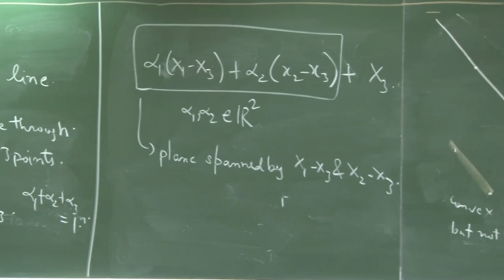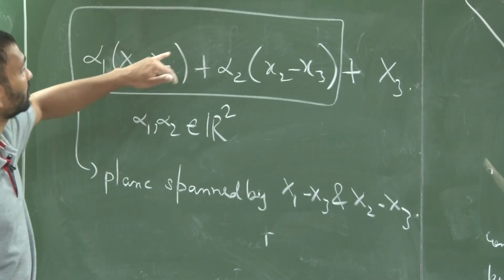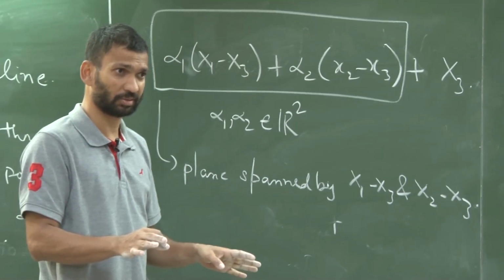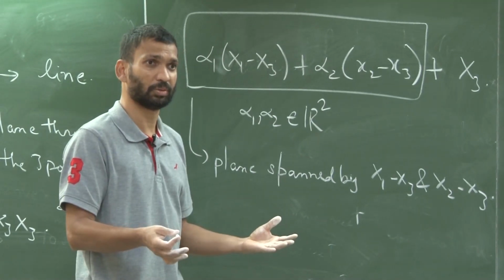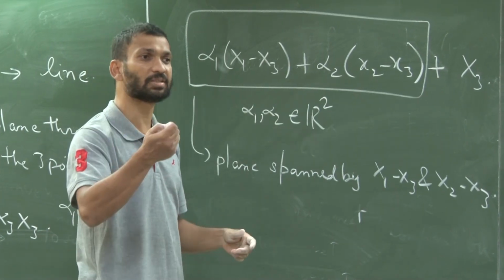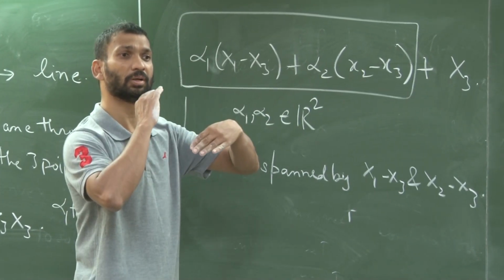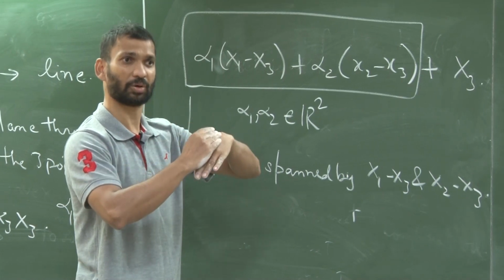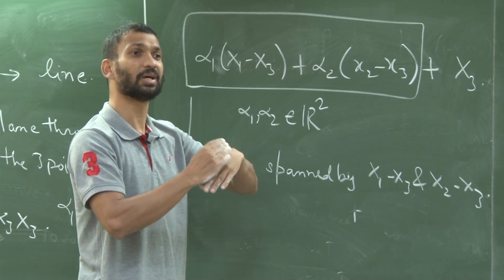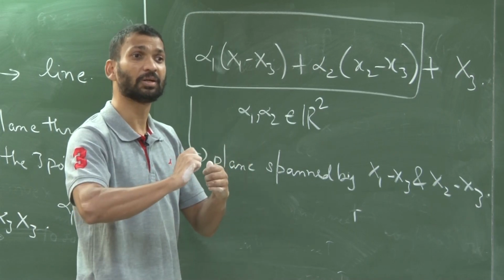This is just a plain linear combination of x1 minus x3 and x2 minus x3 because alpha 1 and alpha 2 are unrestricted. And now the structure of this is very simple. You take x3 and put the plane through it, plane on top of it. So it is a plane with an offset.